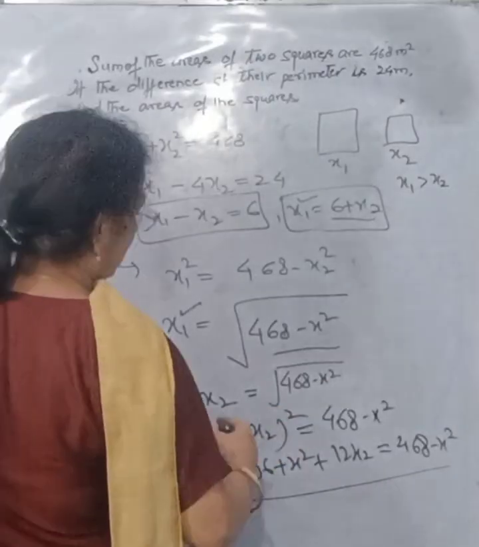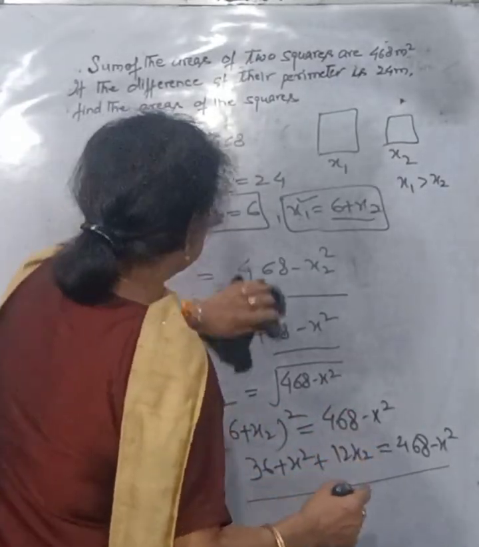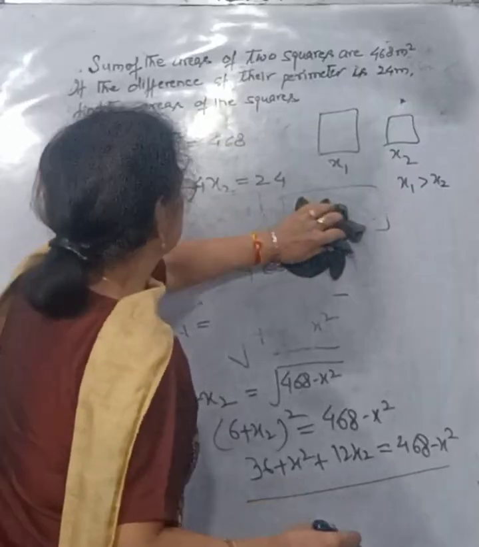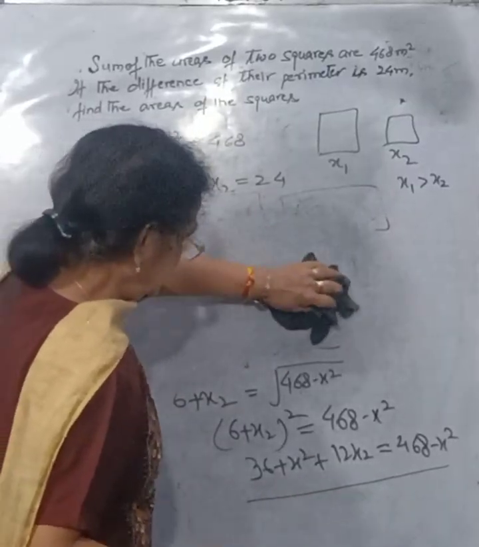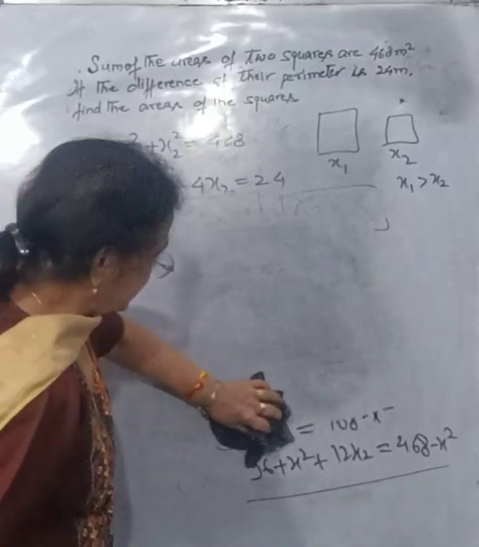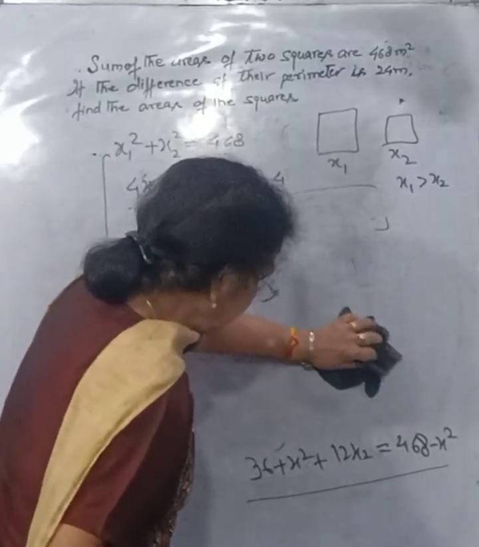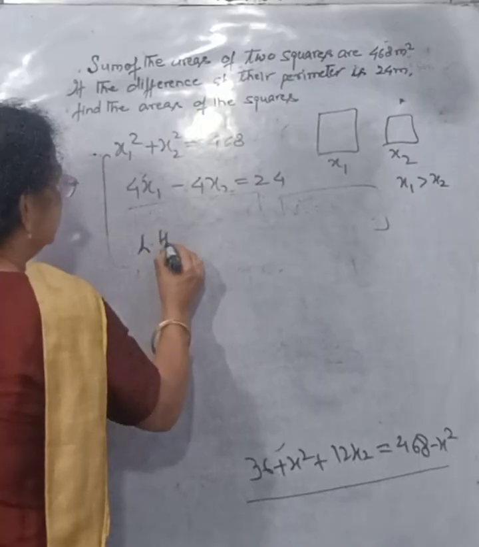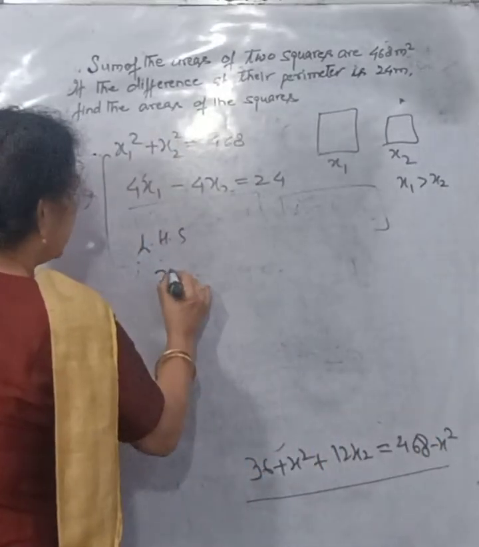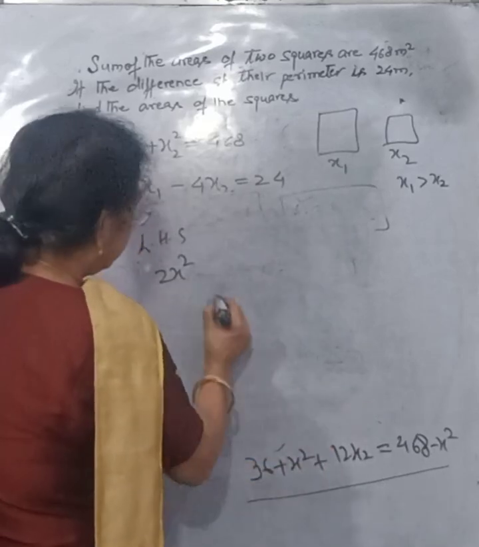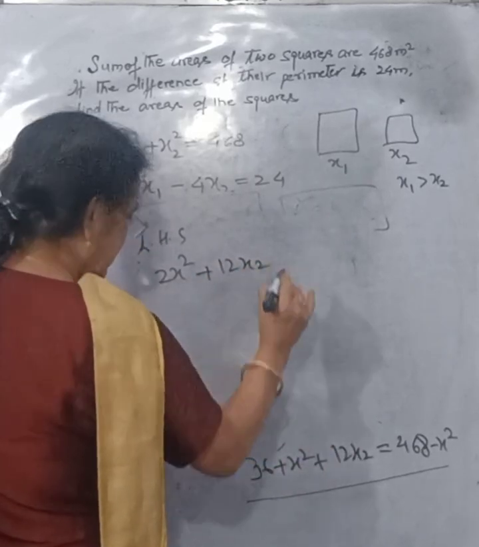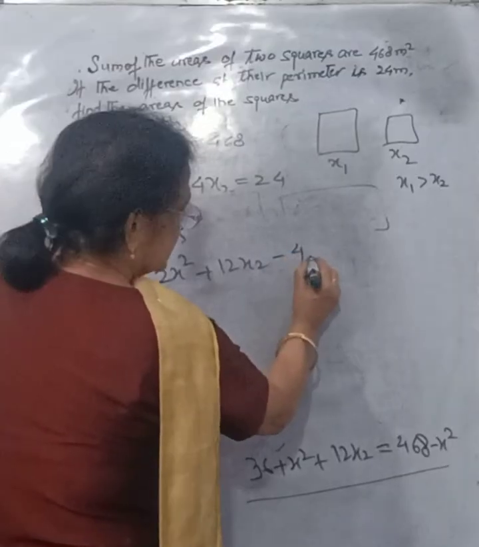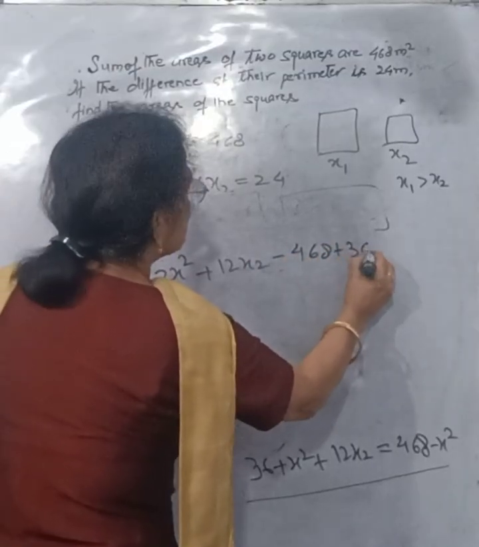Shifting all the terms to the right hand side, now we get the equation in which we have x2 square on both sides. The x2 square will come to the left, so 2 times x2 square plus 12 times x2 is equal to minus 468 plus 36, which is 0.